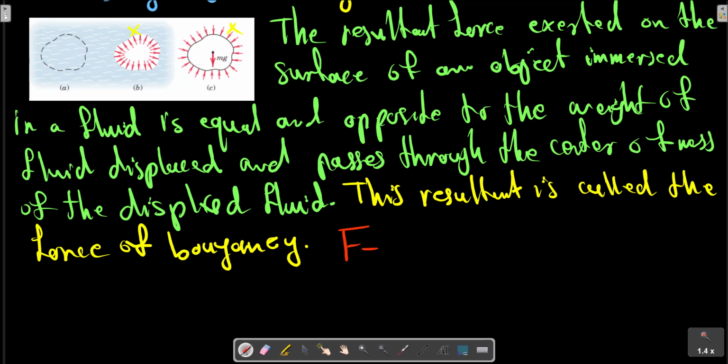F = rho g v, where rho is the density of the fluid, g is the acceleration due to gravity, and v is the volume of fluid displaced.